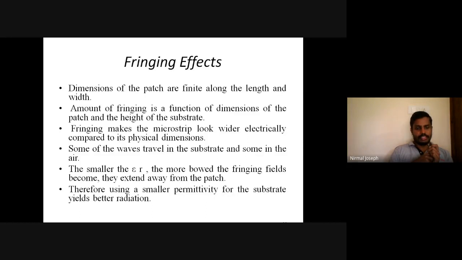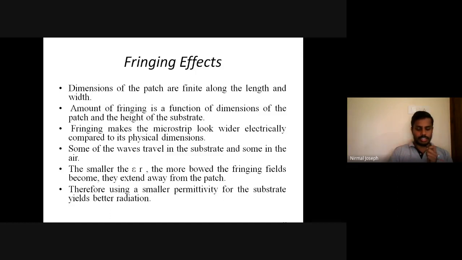It means for smaller epsilon r, the fringing fields which travel through the air become more bowed, meaning more bended. Therefore, using a smaller permittivity for the substrate yields better radiation. If you use a small permittivity, the fields will be more bowed and will travel more through the substrate. That is what is desired.